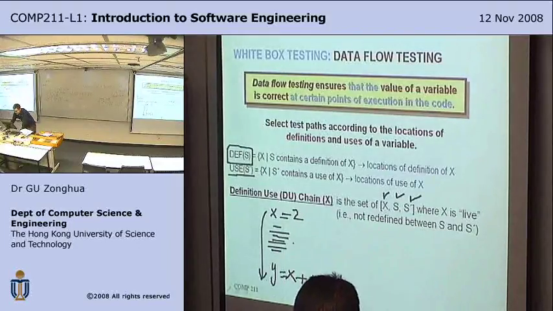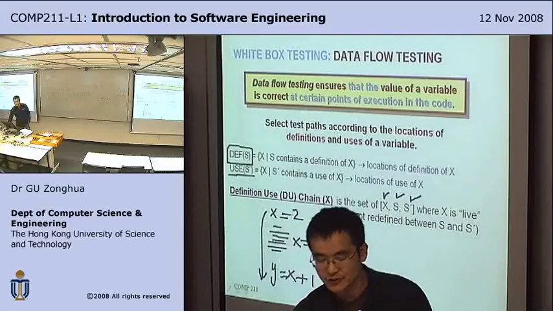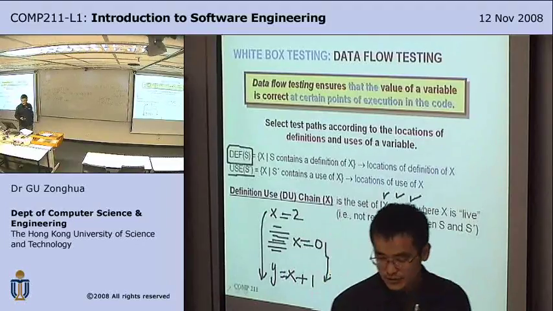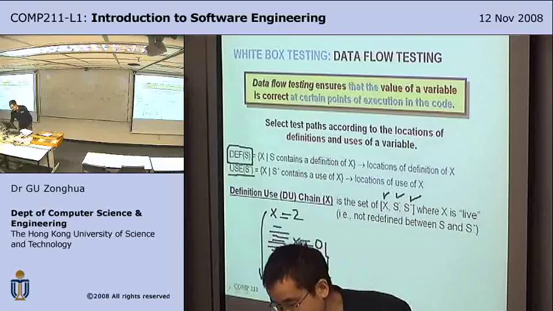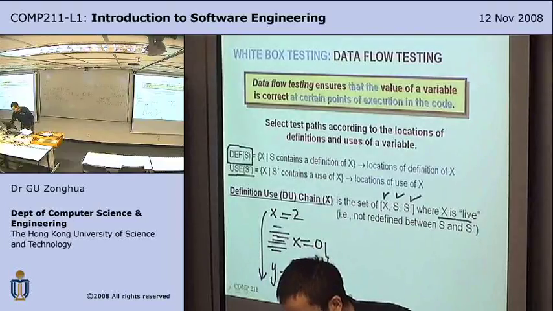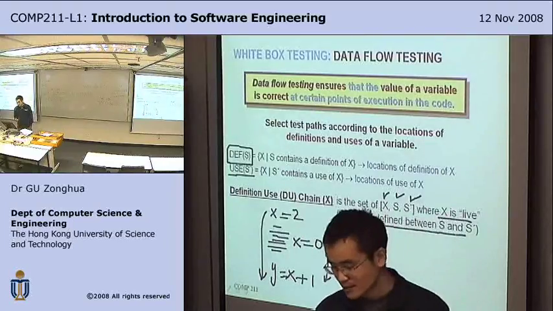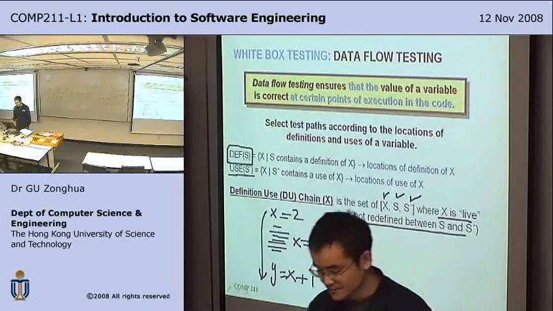But if you have something in the middle that says x equals 0, then the def-use chain should go from the latest definition to its use. So that is when we say x is live, not redefined between s and s'. Then this s to s' is the def-use chain.